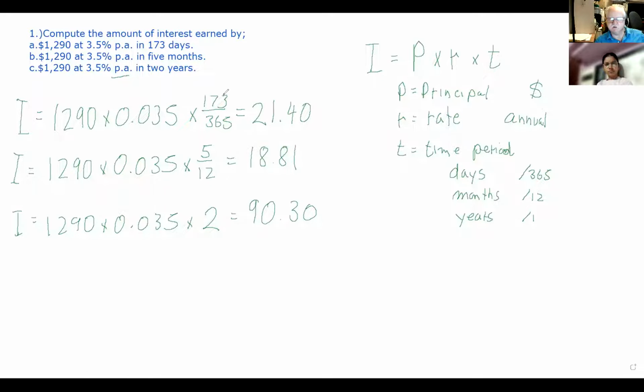Here they gave us 173 days, but we have to go 173 over 365 to get a decimal part of a year, and we can't round it off. It's just part of our calculation. Whereas months, they gave us 5 months, but we've got to go 5/12 of a year. If they give us years, of course, it's divided by 1, which we're not going to bother doing.